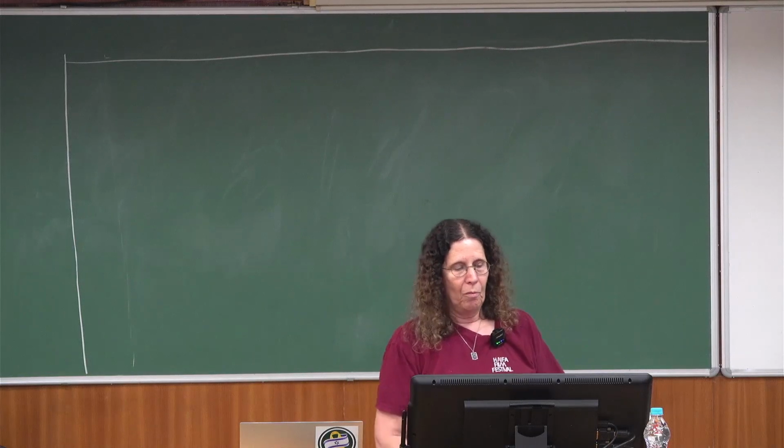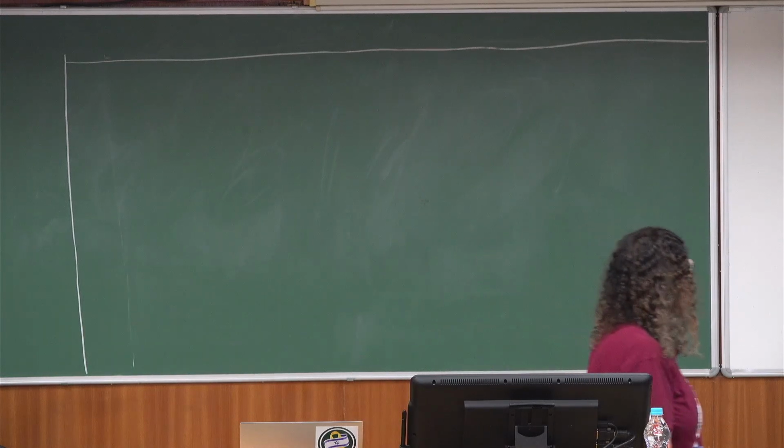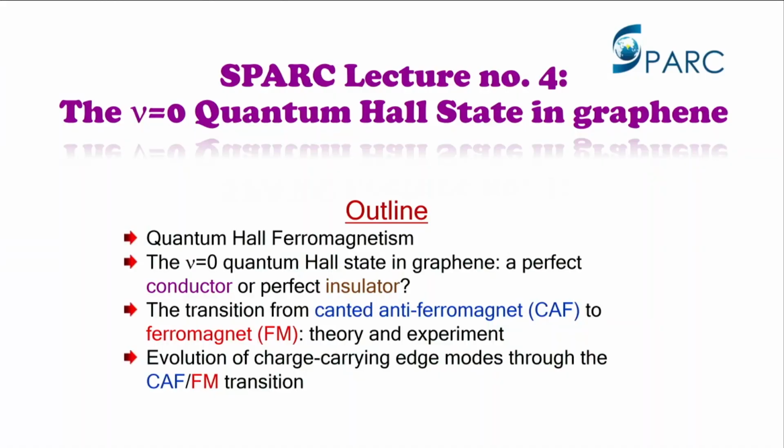Then I will focus on a particular problem that arises from this discovery of the nu equals 0 state. As I'm going to show you and discuss today, it is a state of matter that can have different phases and phase transitions between them. So it's not clear that it's just one state.